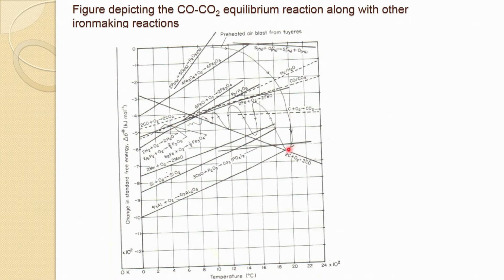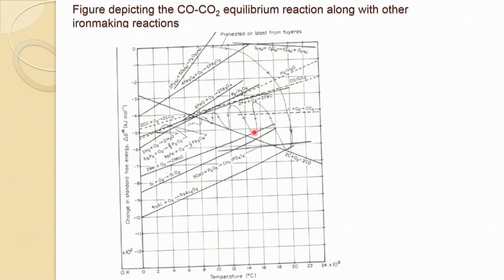Now CO is formed, but the CO comes in contact with the wustite, FeO, so it reduces the iron. So, CO2 content increases further, and this line is showing the CO-CO2 ratio, but again this comes in contact with the carbon, and CO is formed.